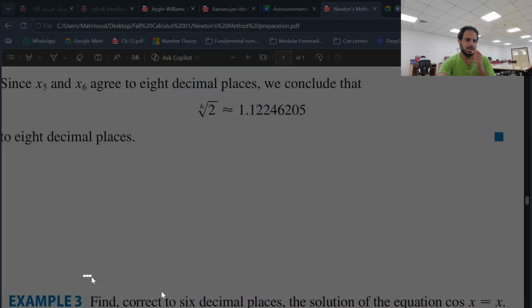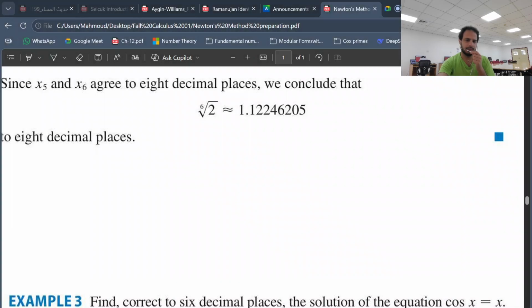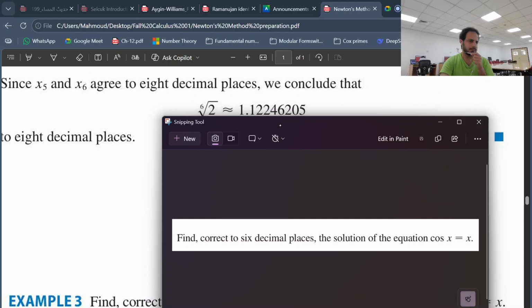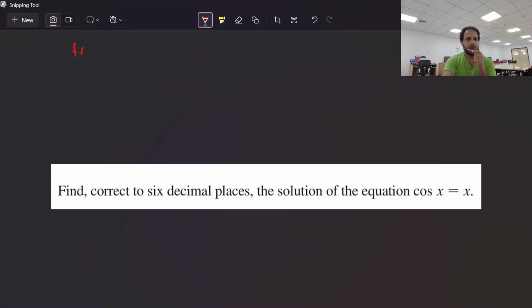Now let's start solving. So we have f(x) equals x minus cosine x. What's the derivative? f'(x) equals what? 1 minus negative sine x, which is 1 plus sine x.